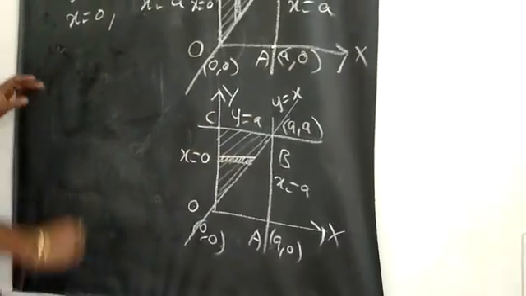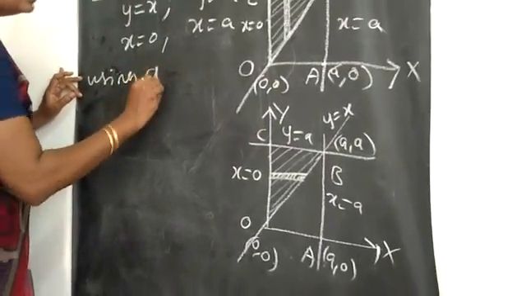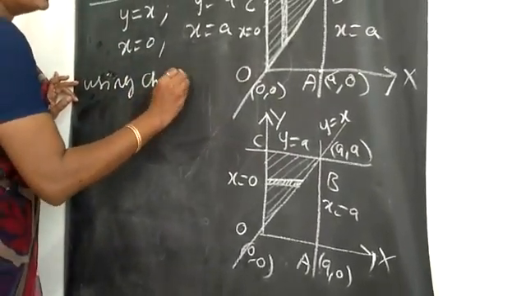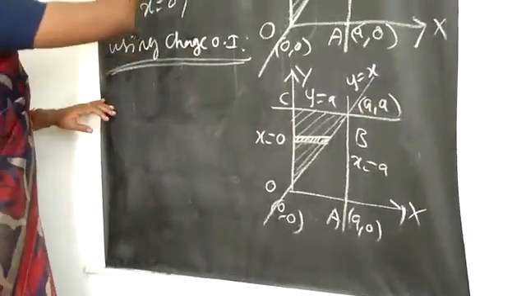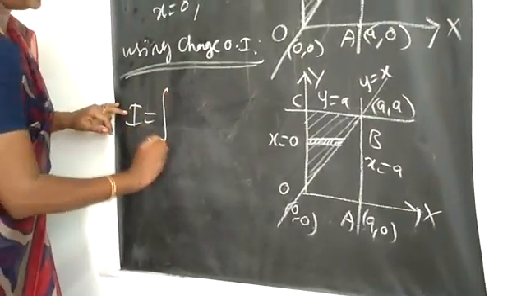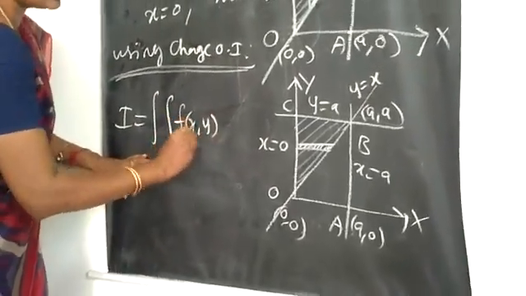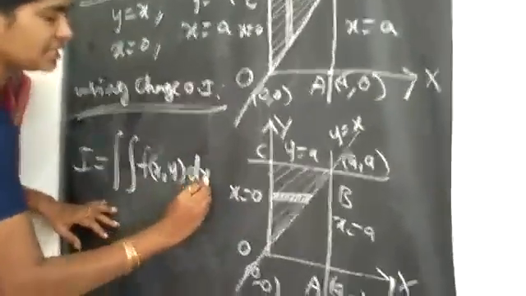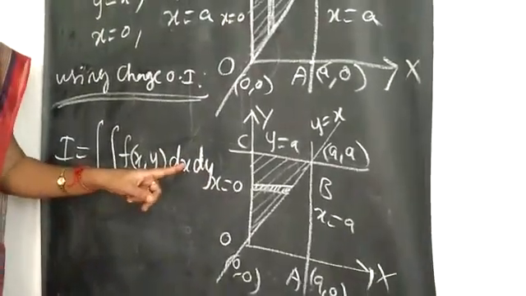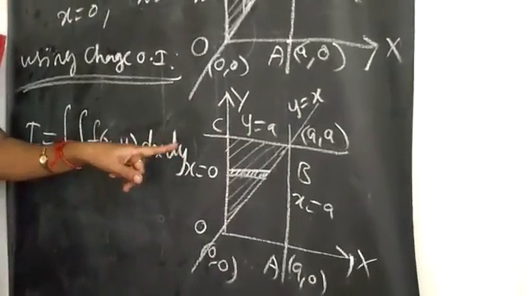So now, using the change of order of integration, the given integral with function f of x comma y, dy dx, can be interchanged to dx dy. Now we fix the x limit as a variable limit and the y limit as a constant limit.